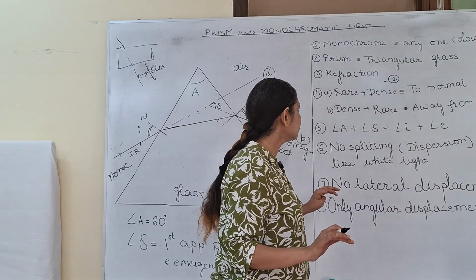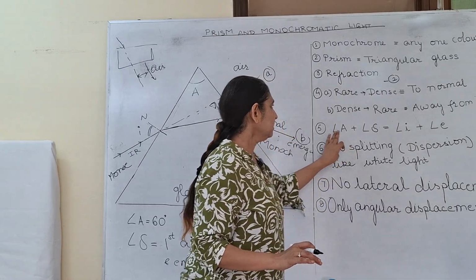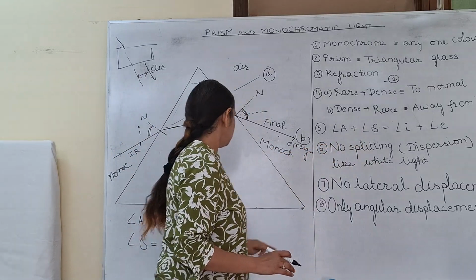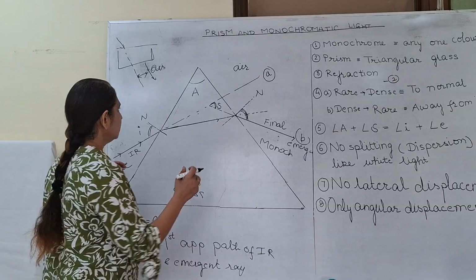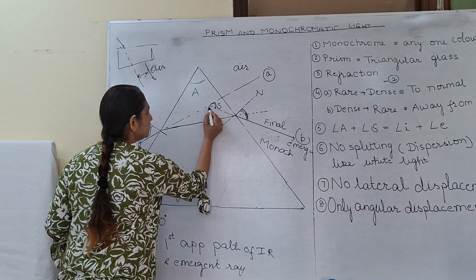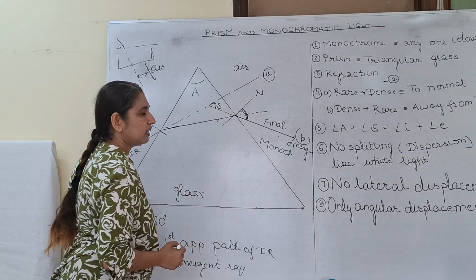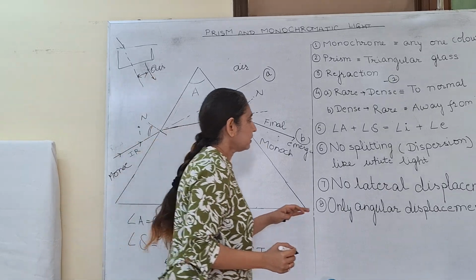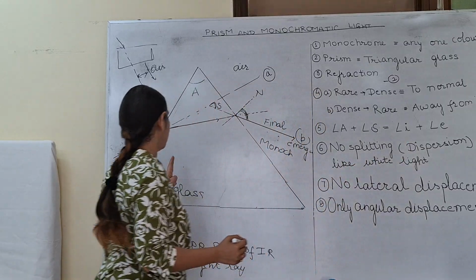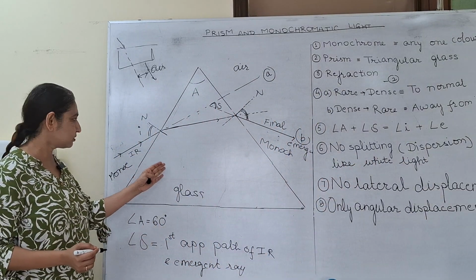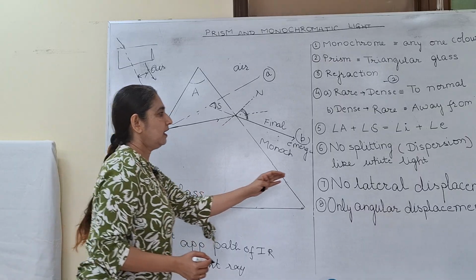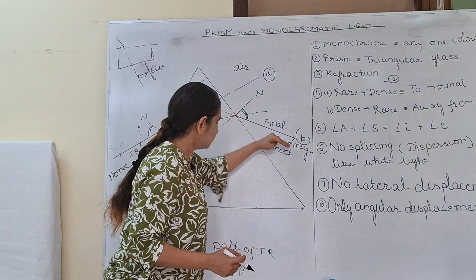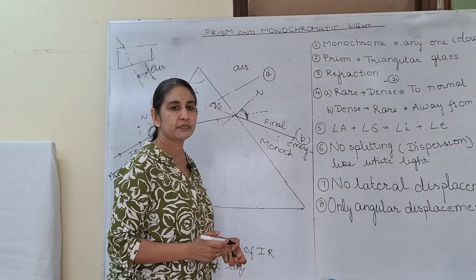Okay, now we are left with this formula. You don't have any derivations or anything. Angle A is the angle of prism, angle D is the deviation. This was the angle of deviation, between the emergent ray and the incident ray, between A and B. Okay, I is the angle of incidence that we've understood, the incident ray and the normal, and E is the angle of emergence, the emergent ray and the normal.